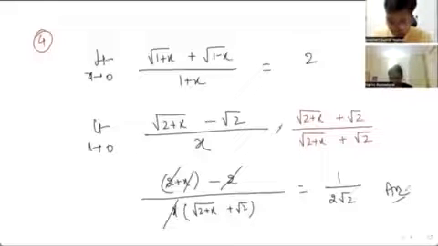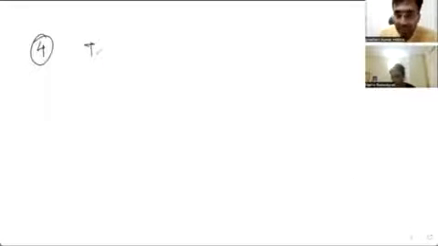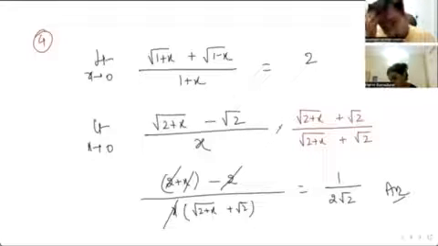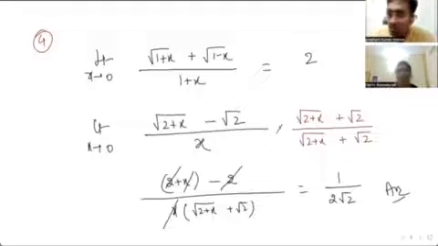Next, we have trigonometric limits, the 4th point. Can we solve this question by factorization? How will you factorize the root thing? It will not work out. If a root is there, I told you, whenever you have a root, rationalize it.